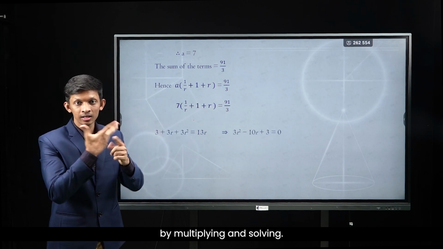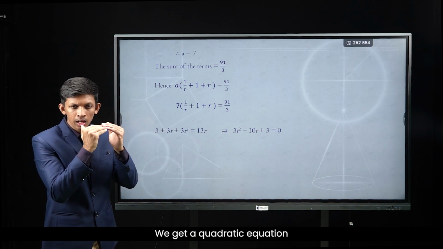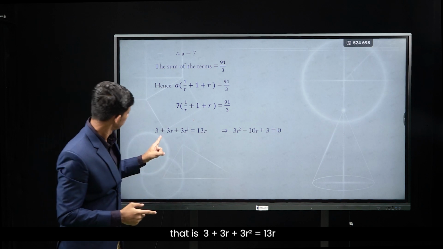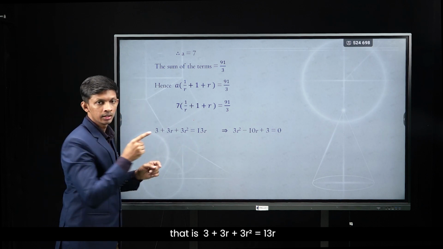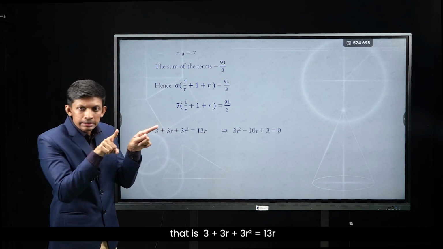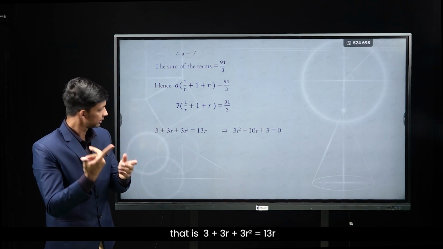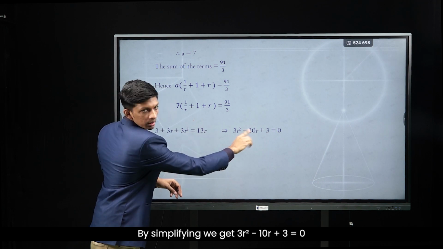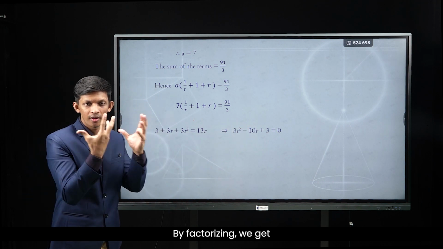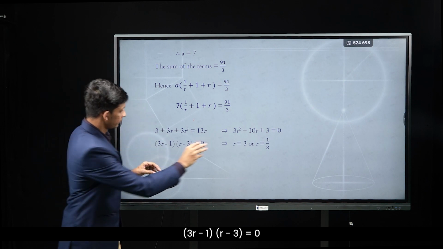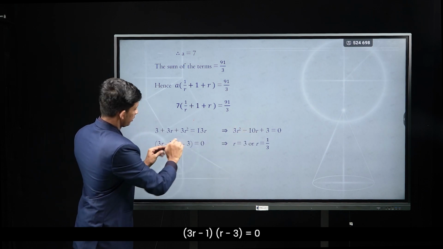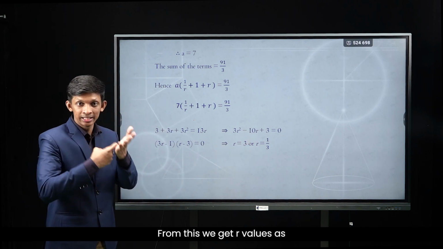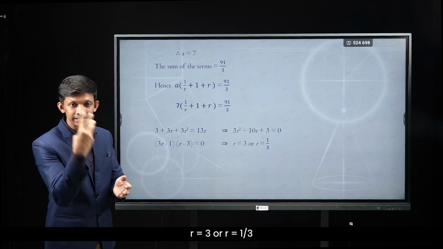By multiplying and solving, we get a quadratic equation, that is 3 plus 3r plus 3r square is equal to 13r. By simplifying, we get 3r square minus 10r plus 3 is equal to 0. By factorizing, we get 3r minus 1 into r minus 3 is equal to 0. From this, we get r values as r is equal to 3 or r is equal to 1 by 3.